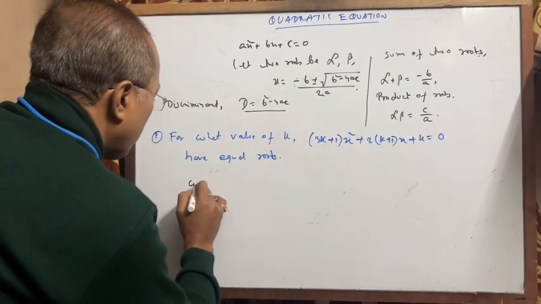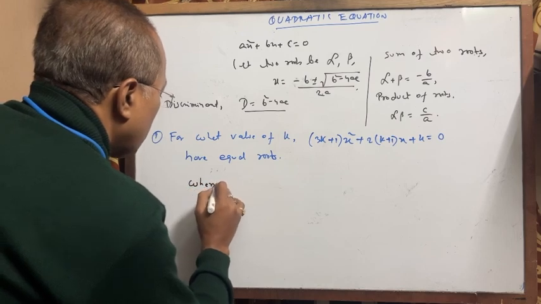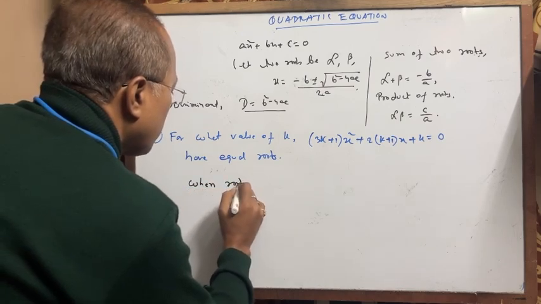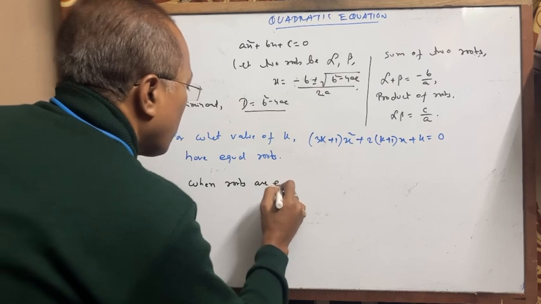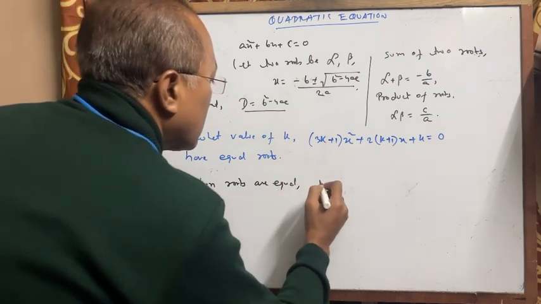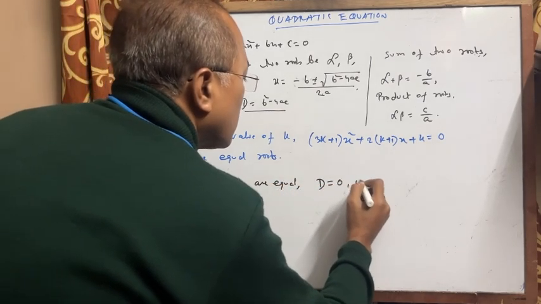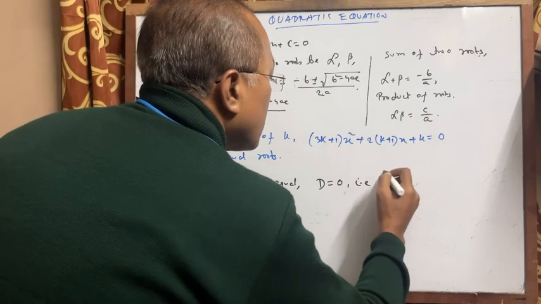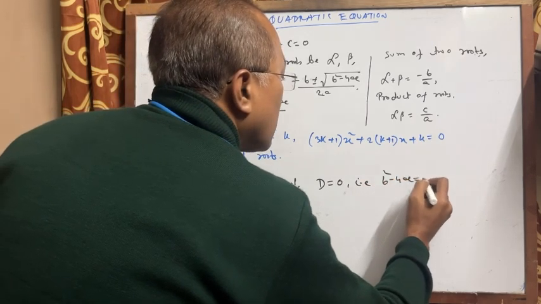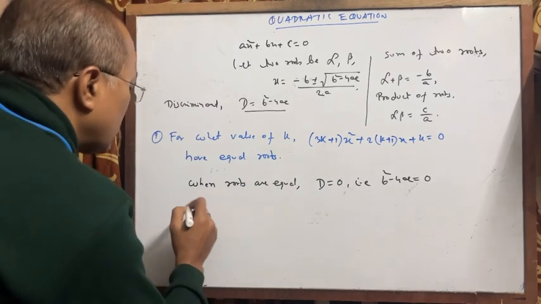When roots are equal, discriminant will be 0. That is, b square minus 4ac will be 0.